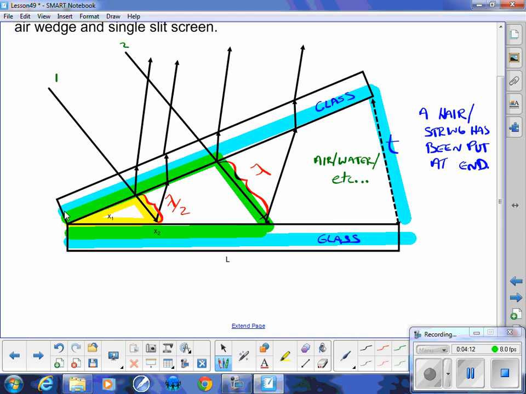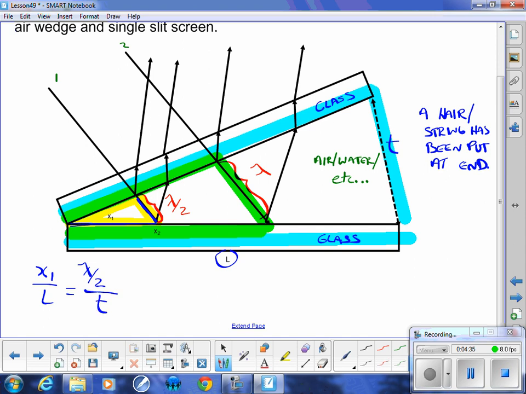So for the first triangle, the base length here is x1, and this length is lambda over 2. So x1 over, now my teal triangle, the outside one, has a base length of L, and lambda over 2 compared to the thickness t.